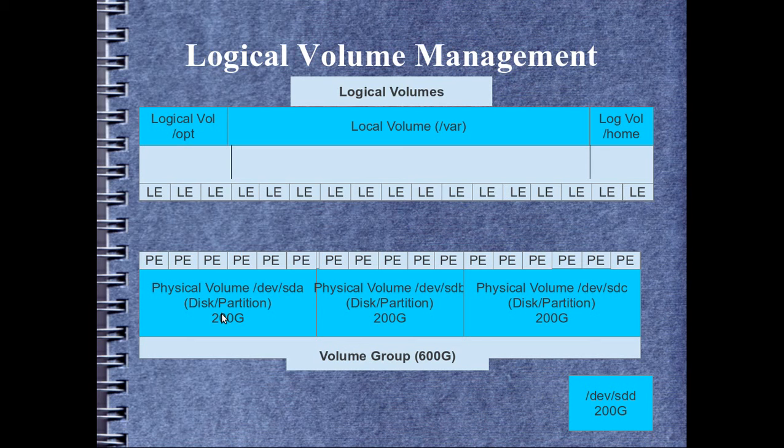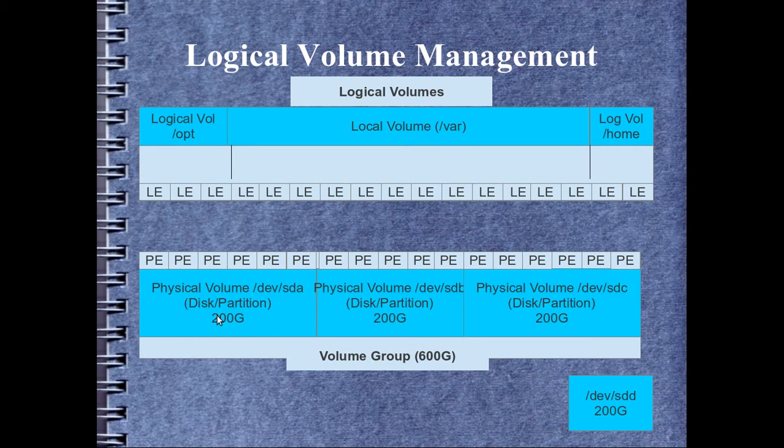So the first thing that needs to be done is we have to create a partition or allocate the complete disk as a physical volume. After we have created physical volumes, we group them together to create a volume group.